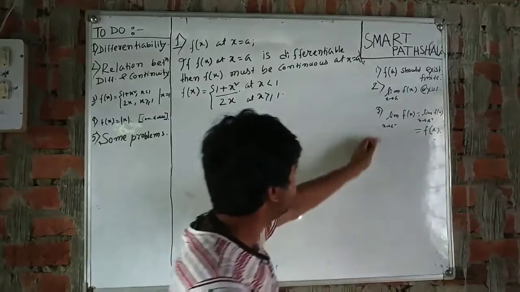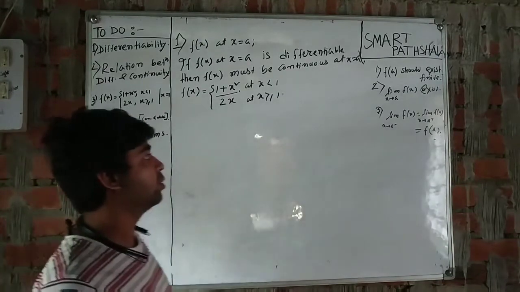So these are the three conditions for a function to be continuous at a certain point x is equal to a.